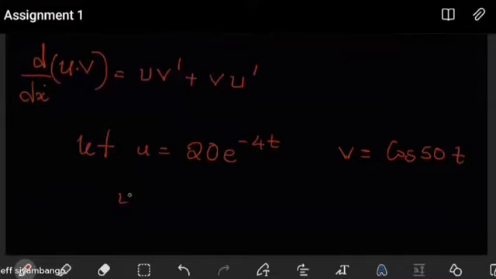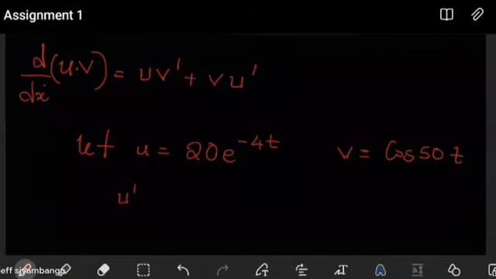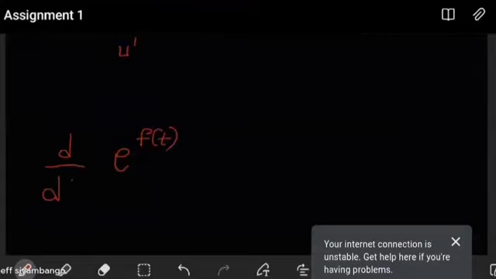So u prime is the derivative of u with respect to t. So when I differentiate this, all you have to do is remember how you obtain derivatives of exponents. So to differentiate an exponent, remind again, if you have e to the power of a function f of t, to differentiate this with respect to t, what do you do?